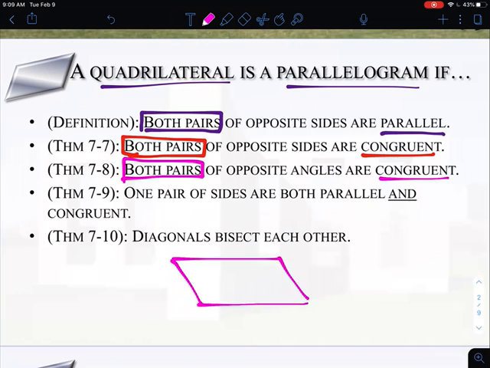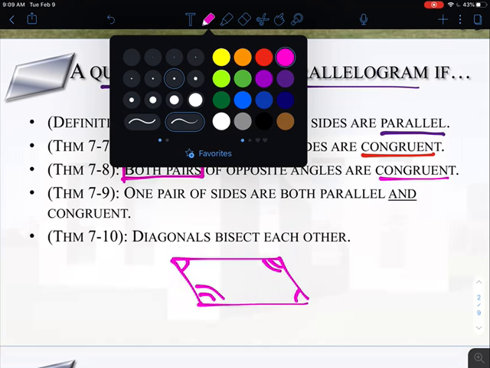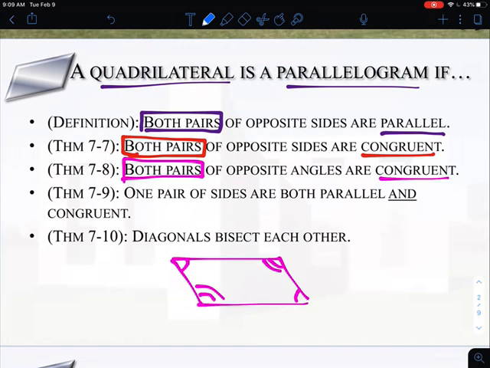Or they might do it with the markings, so they might just say this angle is congruent to this angle, and this angle is congruent to this angle. If you can see that both pairs of opposite angles are congruent, then you're good to go.